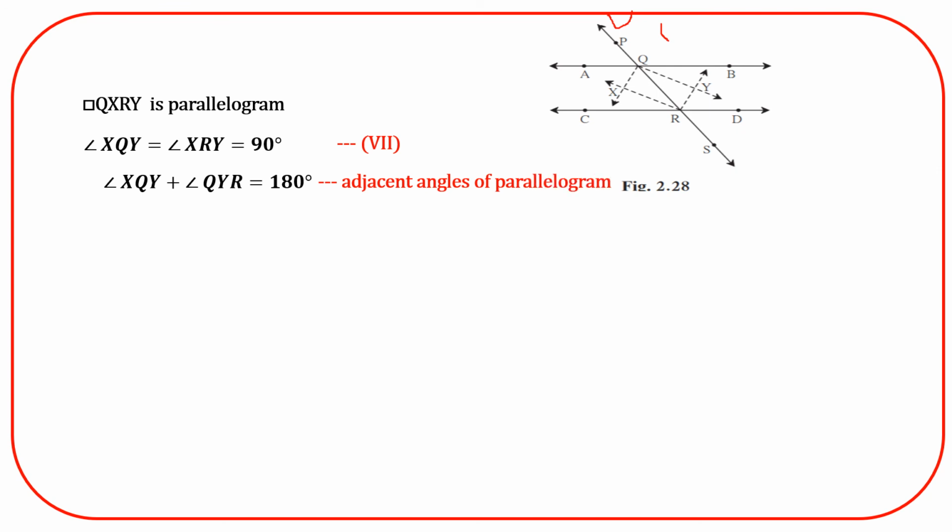Now here we substitute the value. Therefore 90 degrees plus angle QYR is equal to 180 degrees from 7. Therefore angle QYR is equal to 180 degrees minus 90 degrees is equal to 90 degrees.